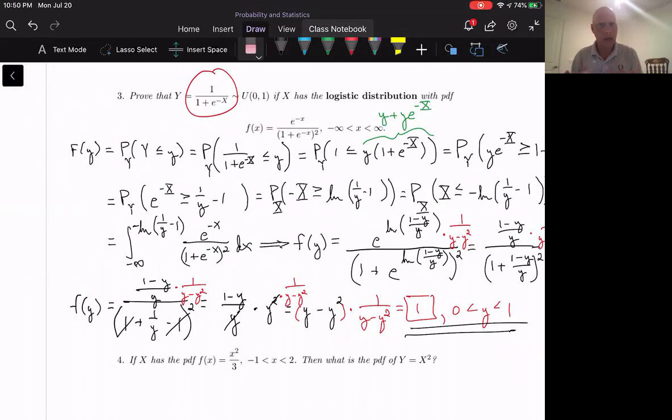So how we did that was we start off with the CDF of Y, which is capital F of y. By definition, the CDF is the probability of being less than or equal to the lowercase letter, which is how I've started every problem so far.